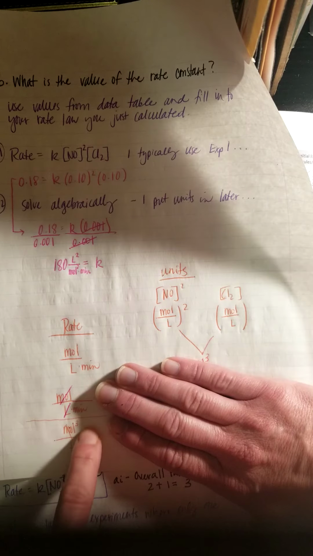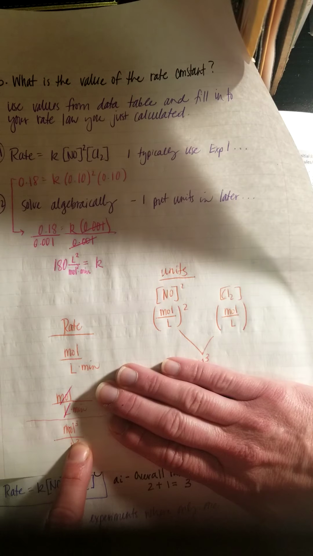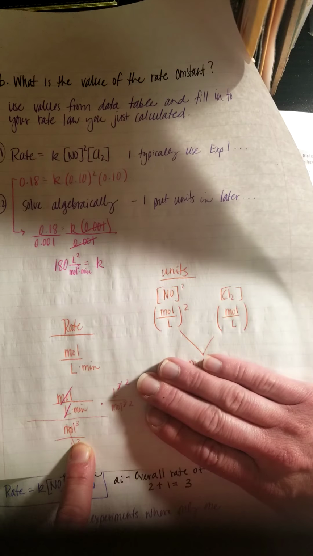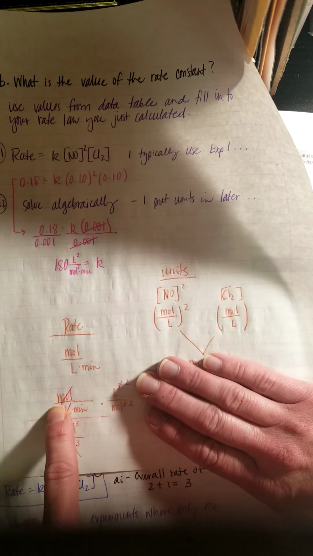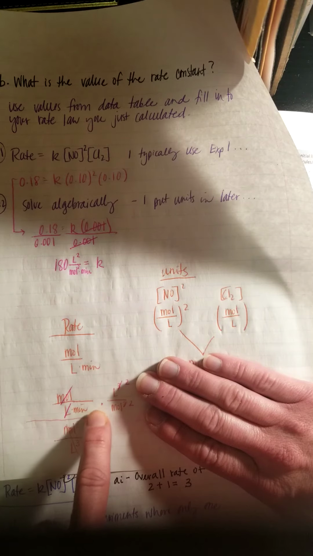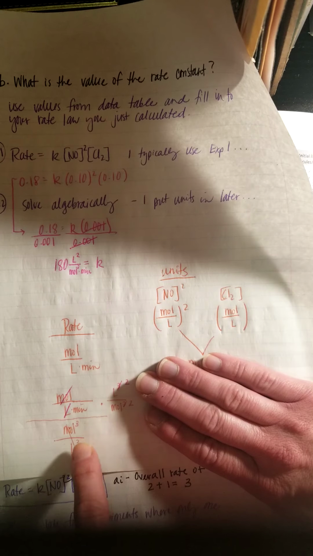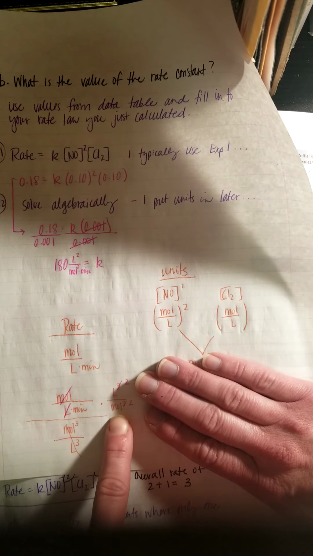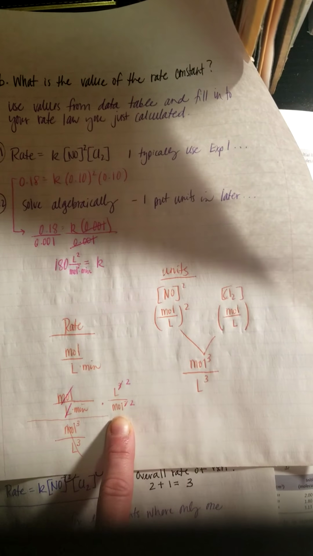Remember, you're going to divide by this fraction, which means that you're going to multiply by the reciprocal. So, here I am. Moles per liter per minute multiplied by, now you put liters cubed on top, moles cubed on the bottom, and I'm going to multiply across. Let me zoom in here.